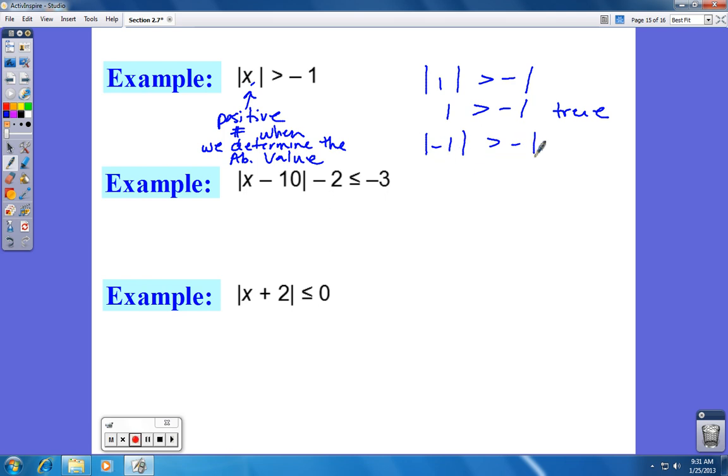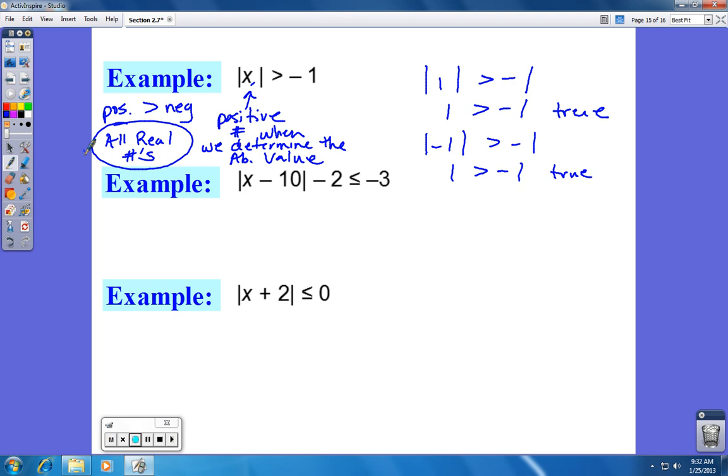So we're going to have a positive 1 greater than a negative 1 again. This is true. So think of it this way. Positive is always greater than a negative number. So here we're going to have all real numbers as our solution.